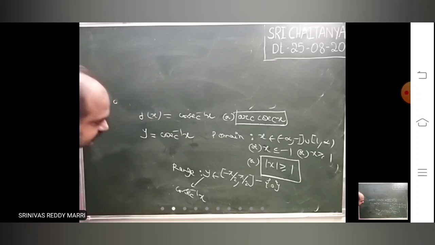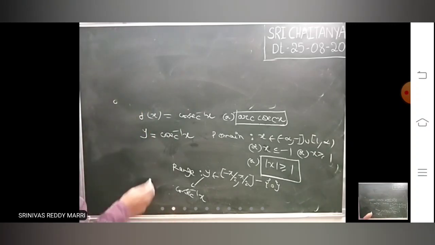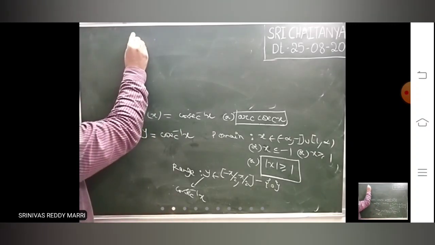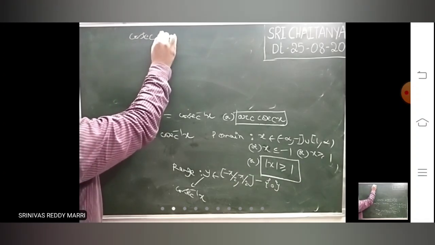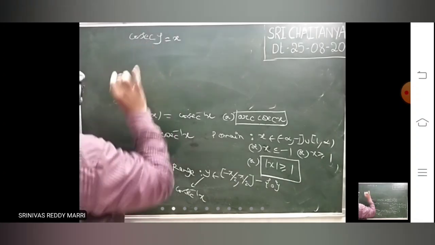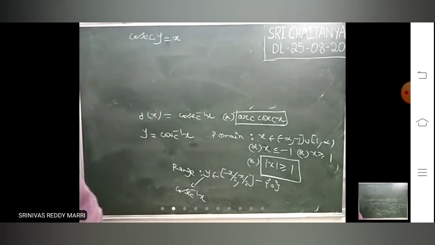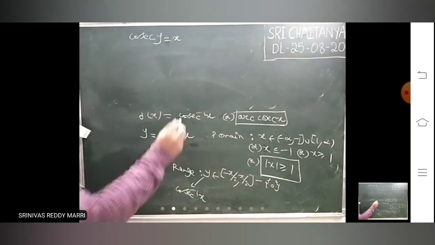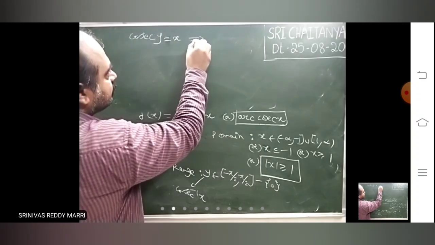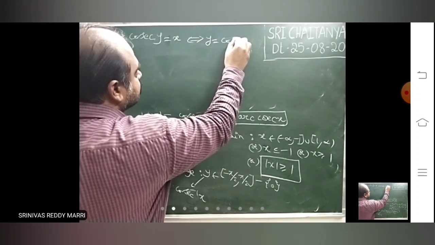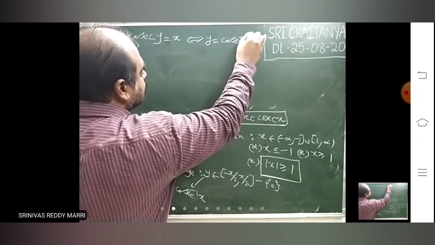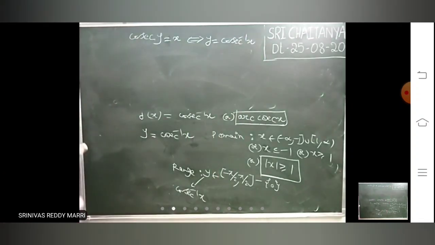So this is cosecant. Suppose you got cosecant y equal to x. That means you can write y equals cosecant inverse x.